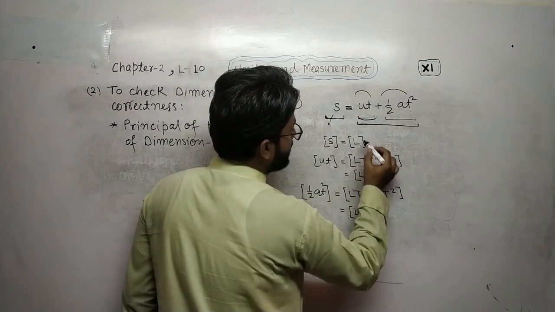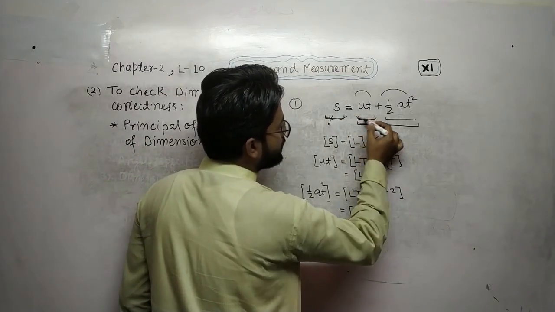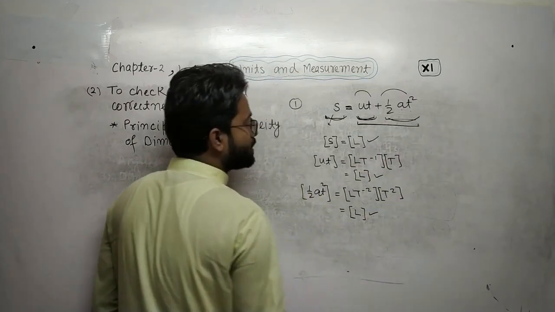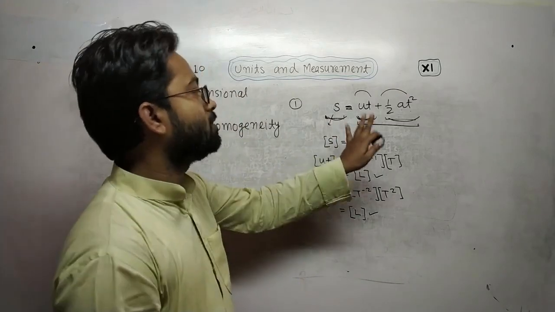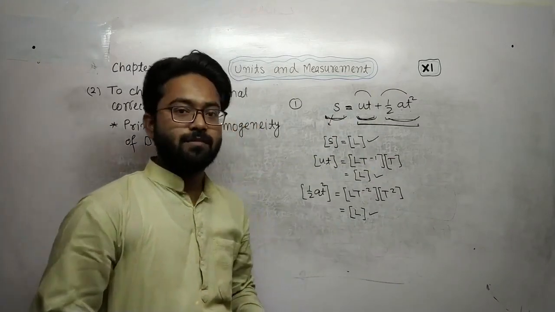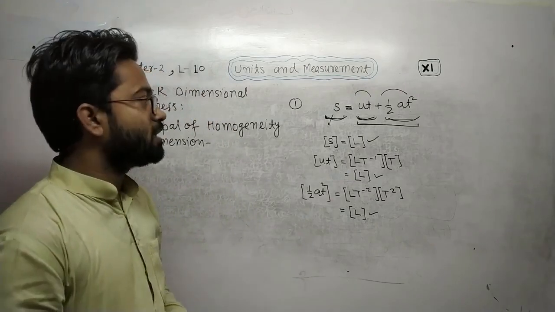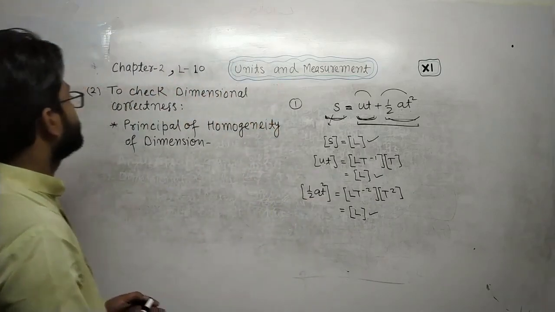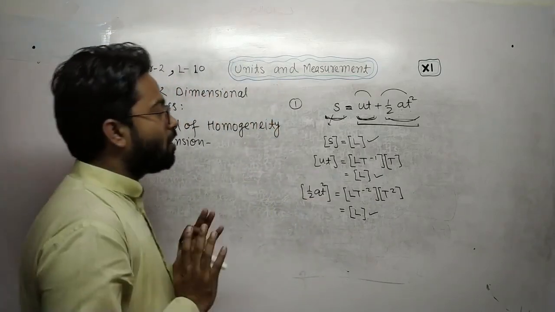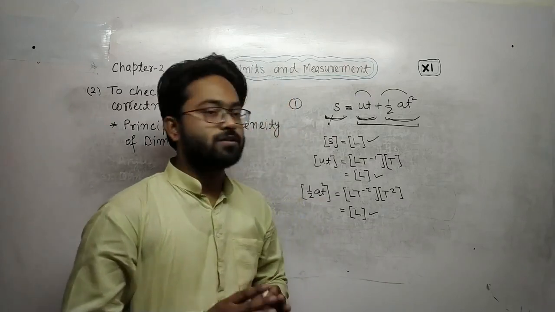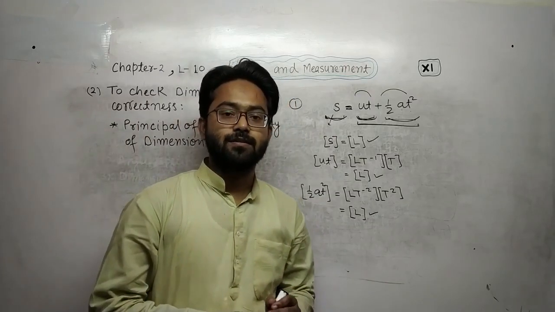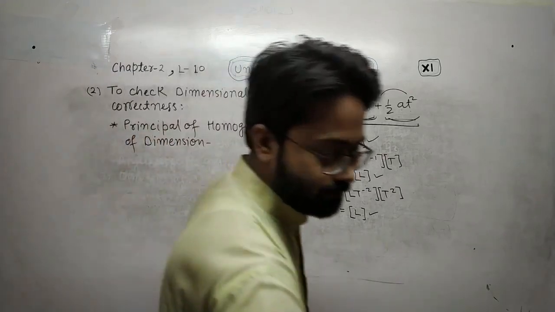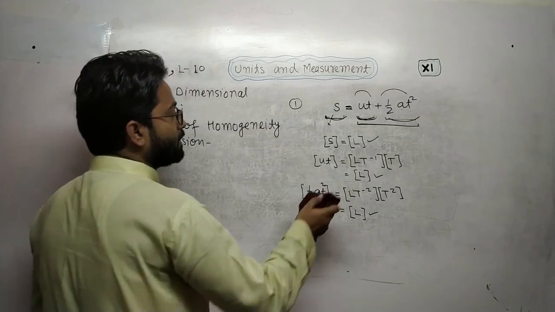See the dimensions: S has dimension L, ut has dimension L, and half at square has dimension L, which means every term of the equation has the same dimension. That means this equation is dimensionally correct, or we can say that this equation is dimensionally consistent, but it may be incorrect.